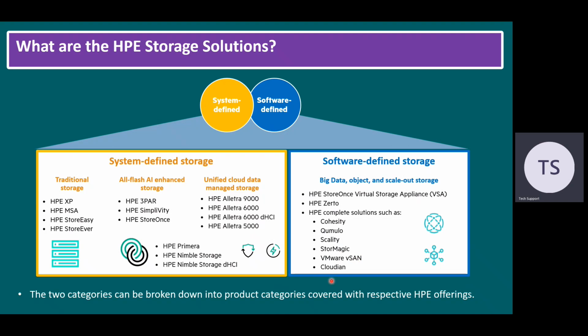Sometimes when the customer is specifically looking for software defined storage, HPE works together with our partners, and depending on the customer's requirement, we match the customer's needs using these solutions. Some customers may use Cohesity, some may use Cloudian, and similarly some may use Scality and so on.